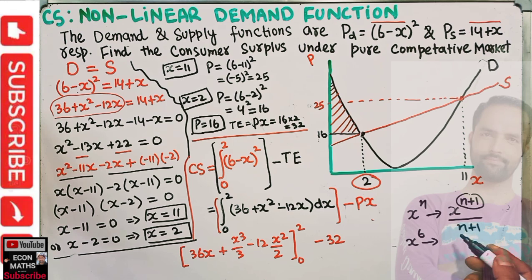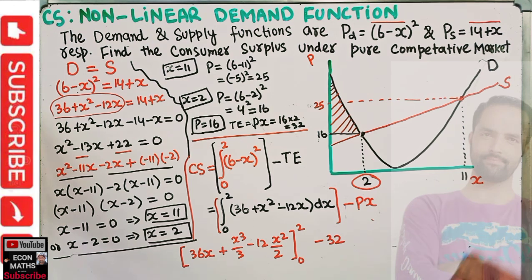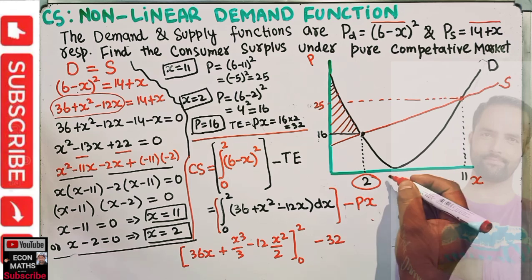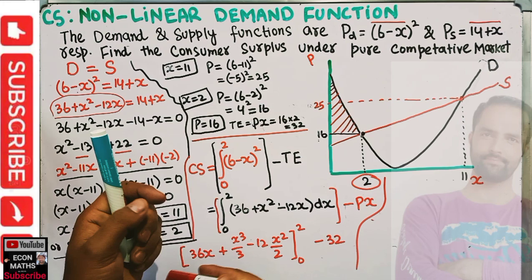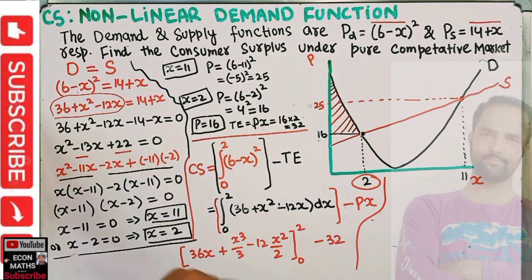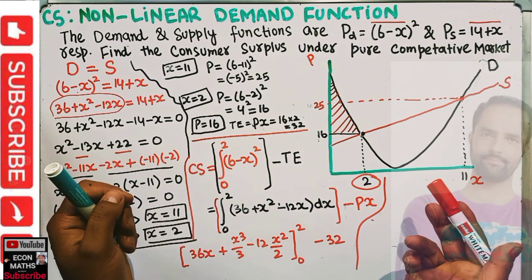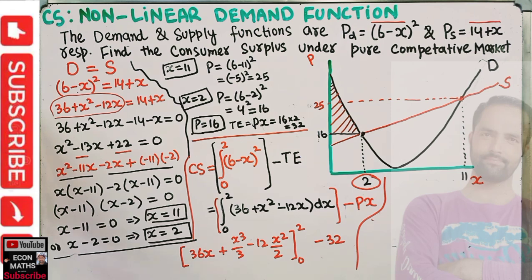Its integral will be x to the power 6 plus 1 upon 6 plus 1, which comes out to be x raised to the power 7 upon 7. I hope I am making myself clear. Basically I have explained this whole stuff in my rules of integration series, so you can check that series also.